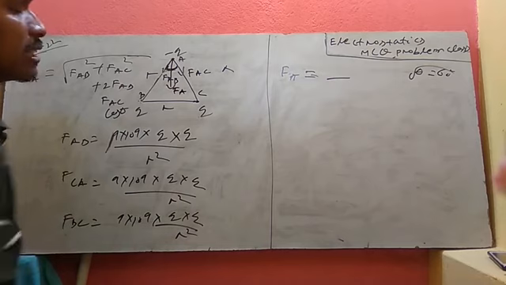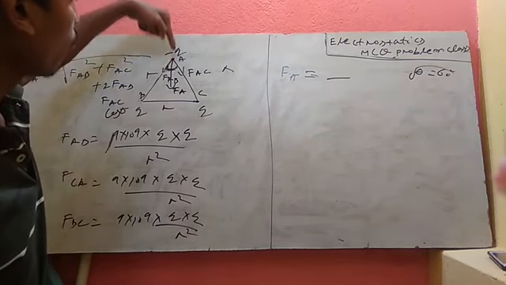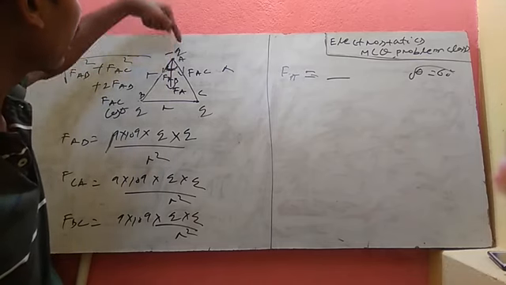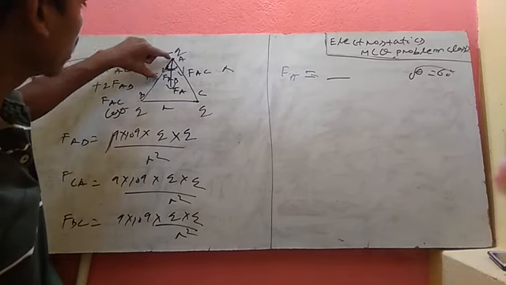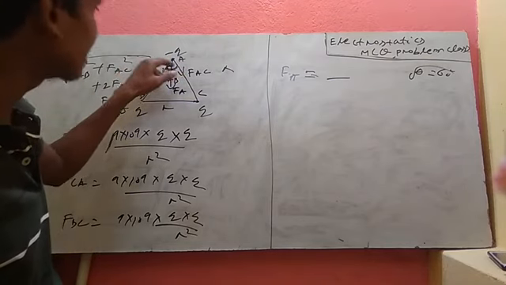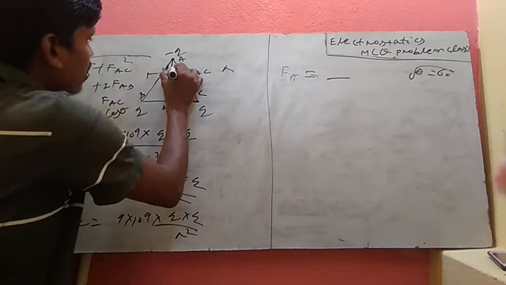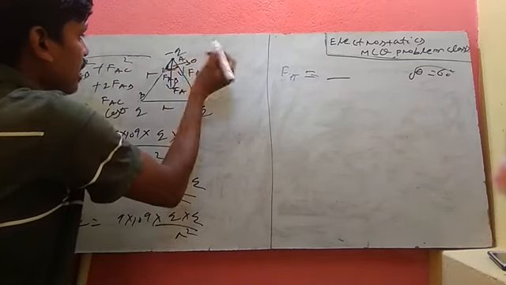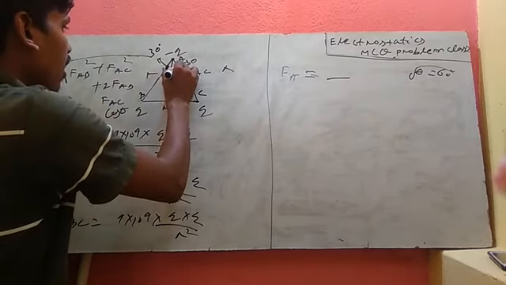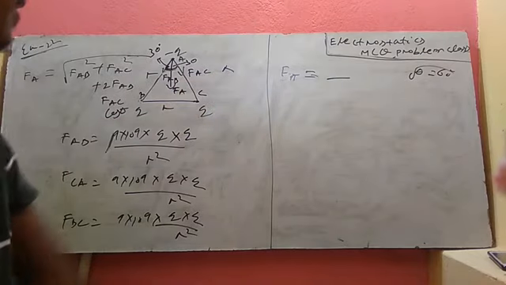Each angle is 30 degrees, because the resultant of equal forces FAB and FAC divides the adjacent angle equally. Total angle is 60 degrees. So this is FA.